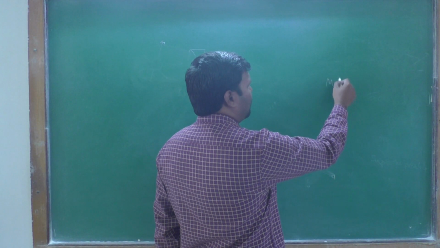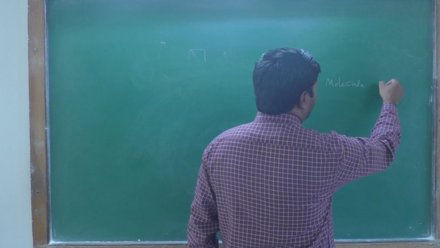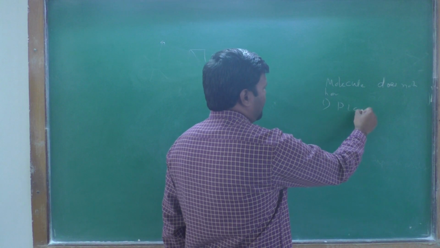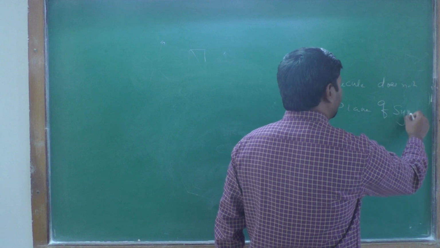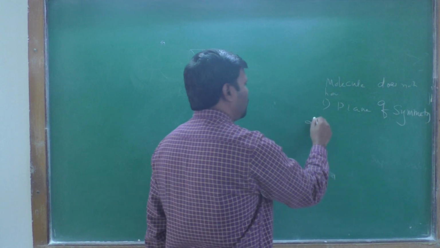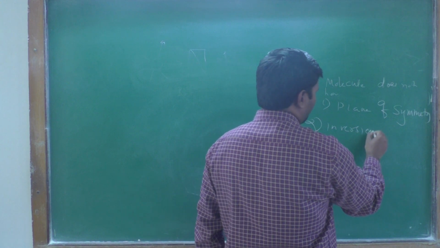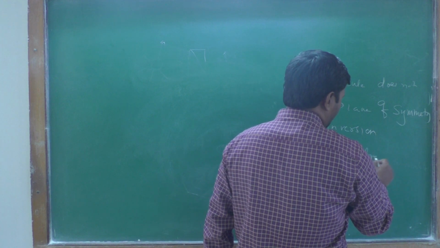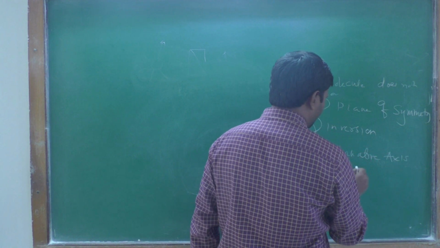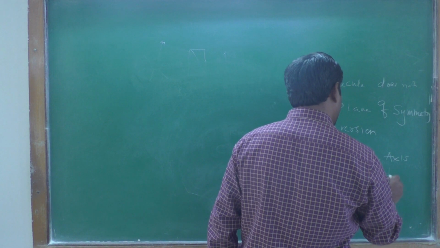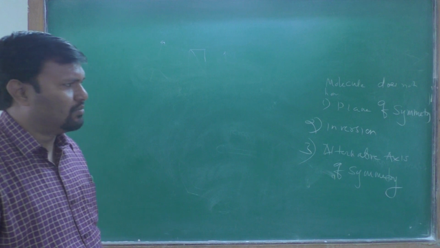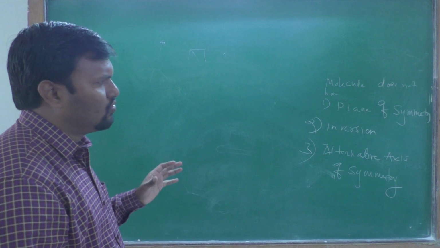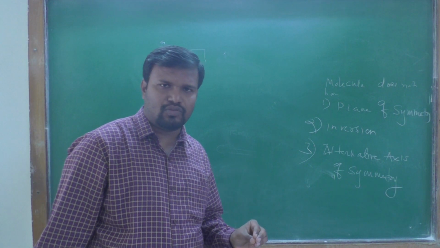If a molecule does not have a plane of symmetry, inversion, or an alternating axis of symmetry, if the molecule lacks these three types of symmetry, then the molecule is definitely a chiral molecule.